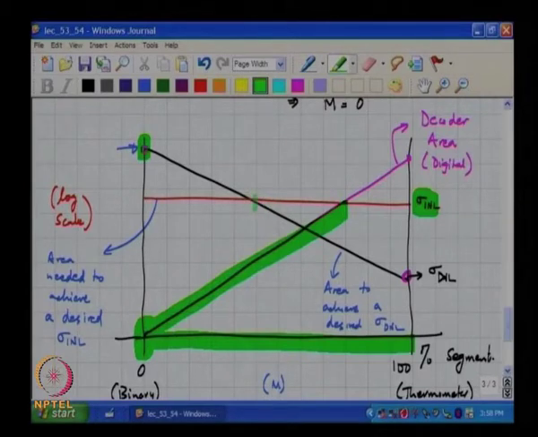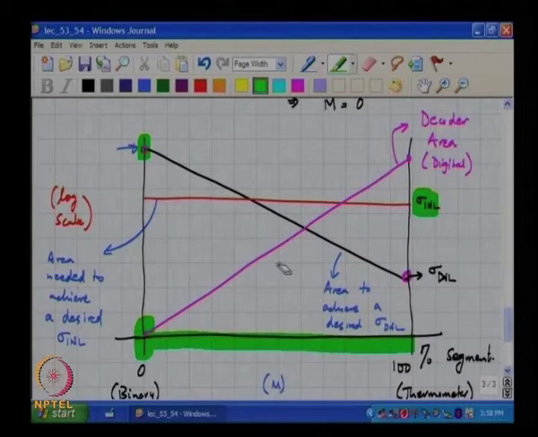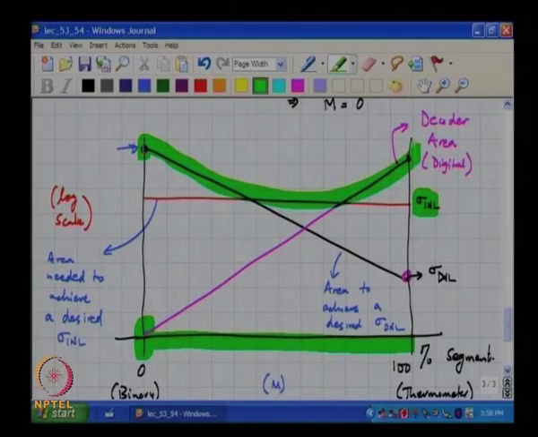Please realize that this is a log scale. So, there is a gentle minimum if you look at the total area, it is probably something like that. The position of this line depends on details of the technology and such.